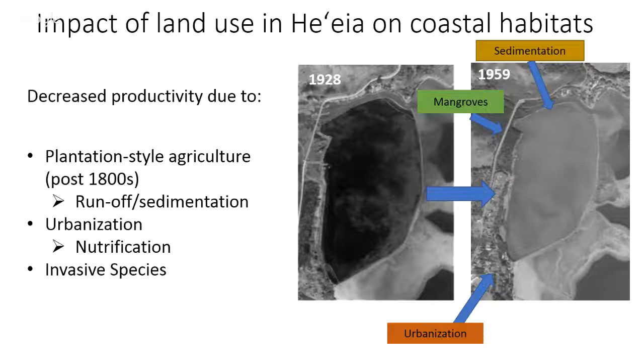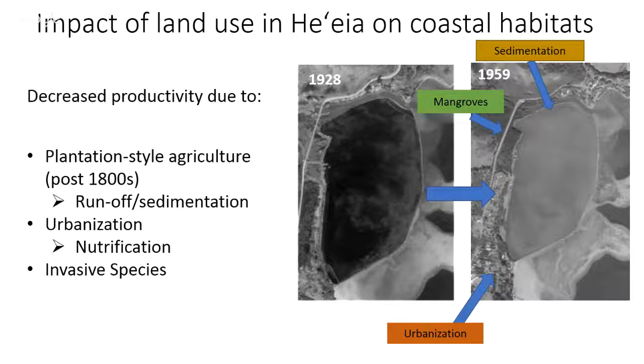We went from this traditional ahupua'a system based on flooded agroecosystems to a more plantation-style agriculture system that was much less efficient in capturing sediment. This is reflected in these two pictures, the left one from 1928 and the right one from 1959. You can see just by the change in color in the pond how much sediment was discharged into the pond interior.